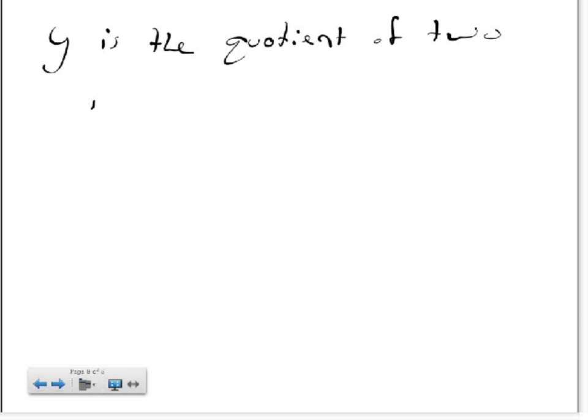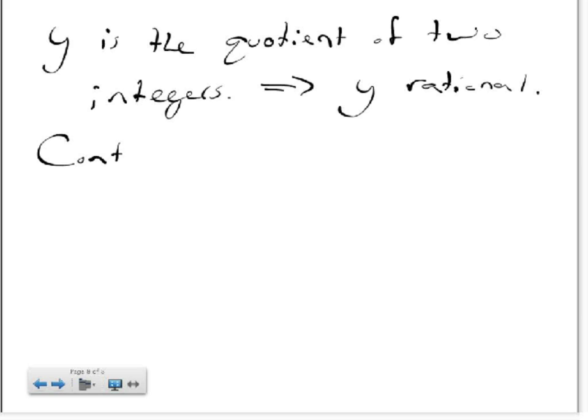This demonstrates that y is the quotient of two integers, which implies that y is rational. This is a contradiction, since in our hypothesis we say that y is irrational. So therefore, we see that the product xy must be irrational.